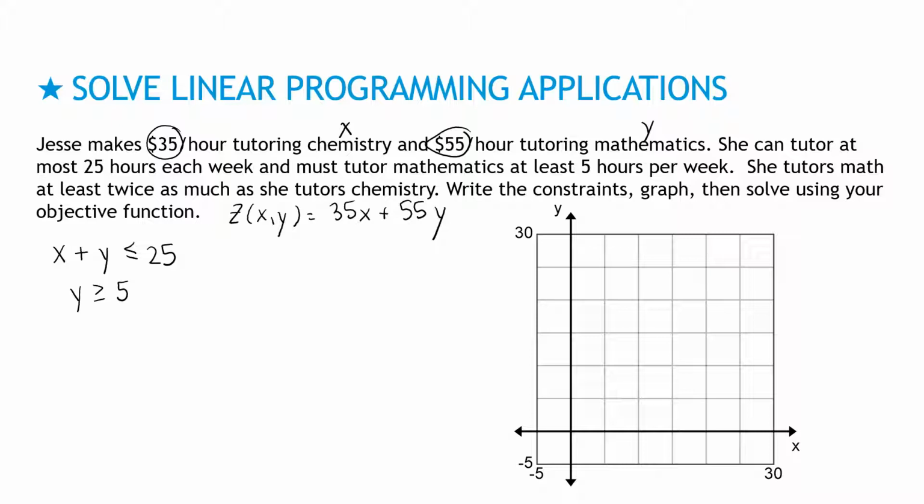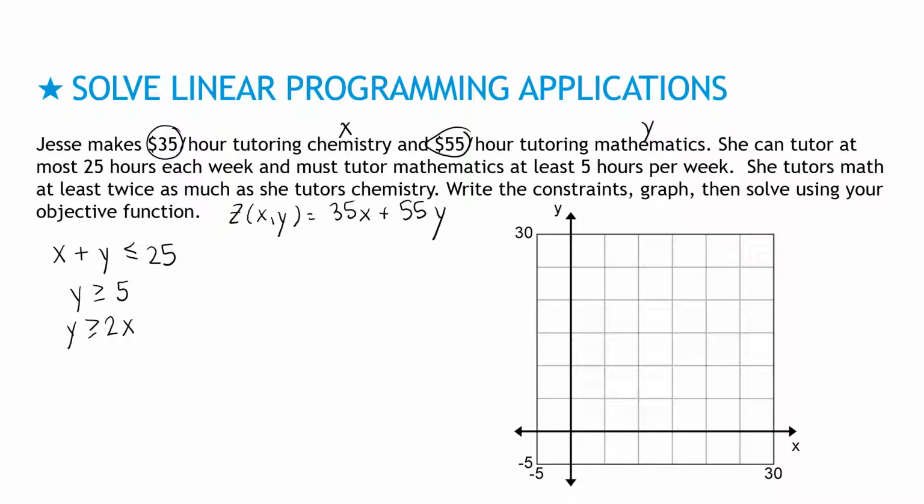She tutors math at least twice as much as she tutors chemistry. So she tutors math, Y, at least twice as much as she tutors chemistry, which means I'd have to take chemistry times 2 to make it equal to math. And it says at least twice as much, so that means math is more than twice chemistry.